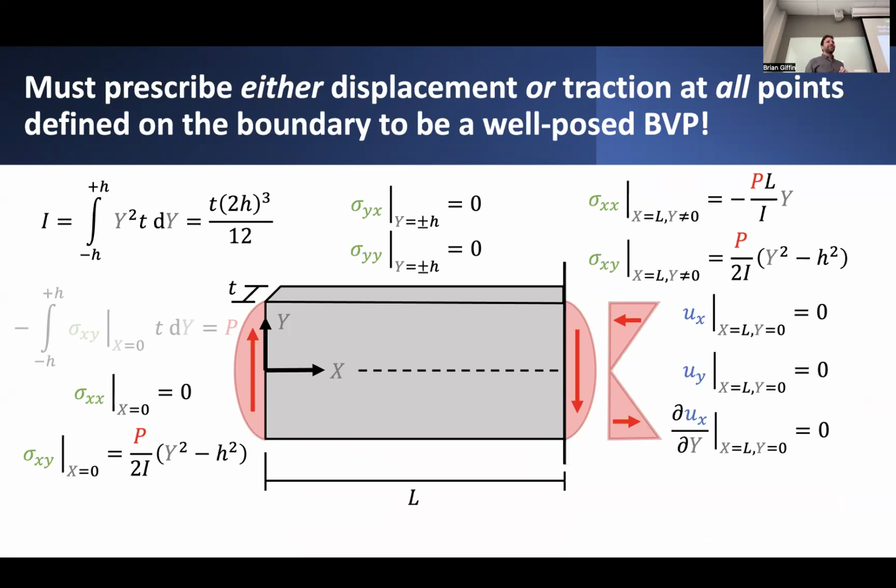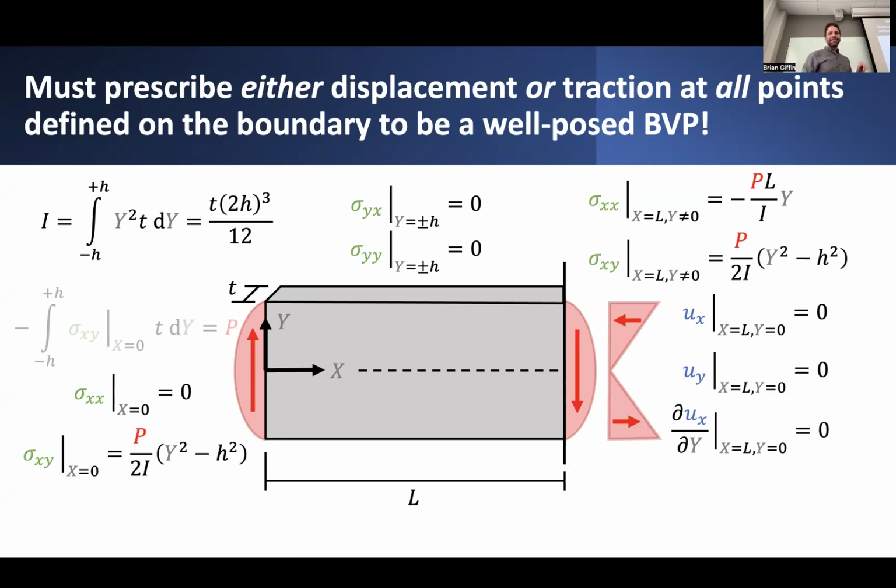We needed to have stresses defined everywhere on the boundary in order to have a well-posed boundary value problem. If we didn't specify everything, then there's any number of different possible solutions we could arrive at. So in order to have a unique solution, we had to be particular about what specified stresses we have everywhere on these different surfaces.